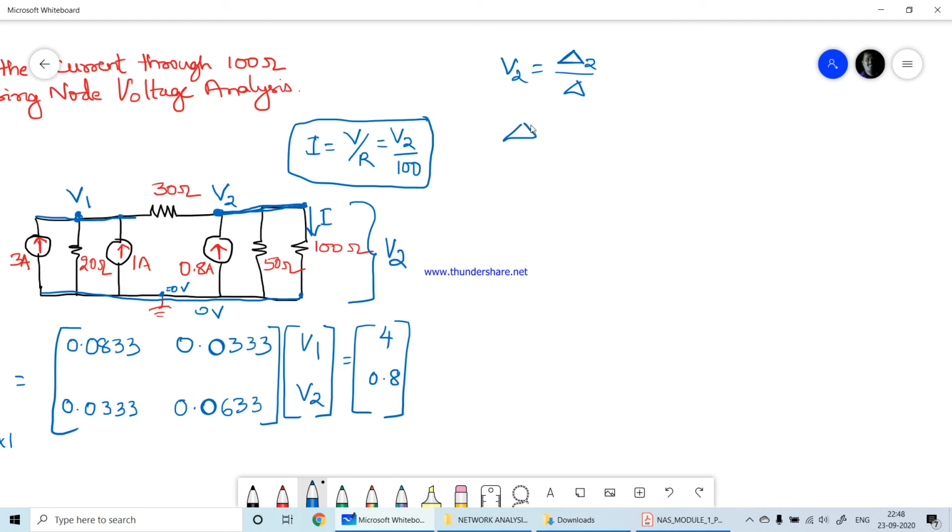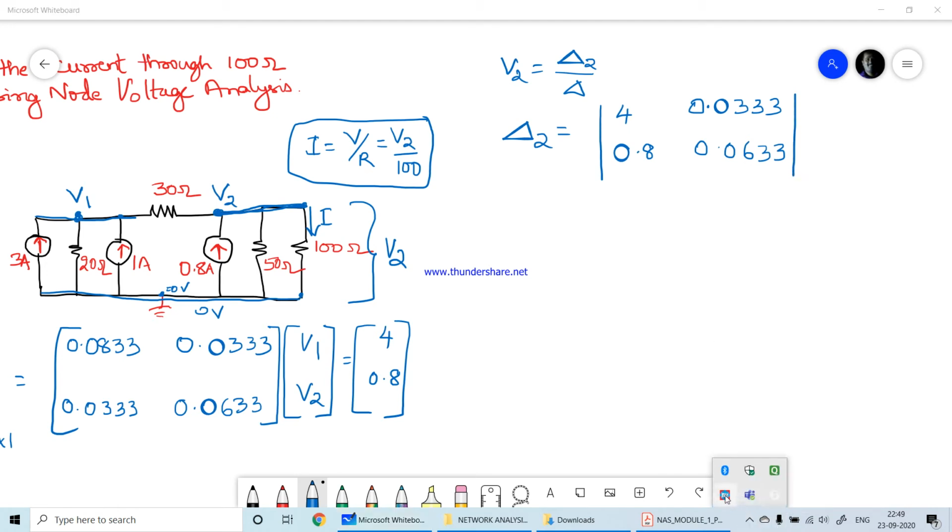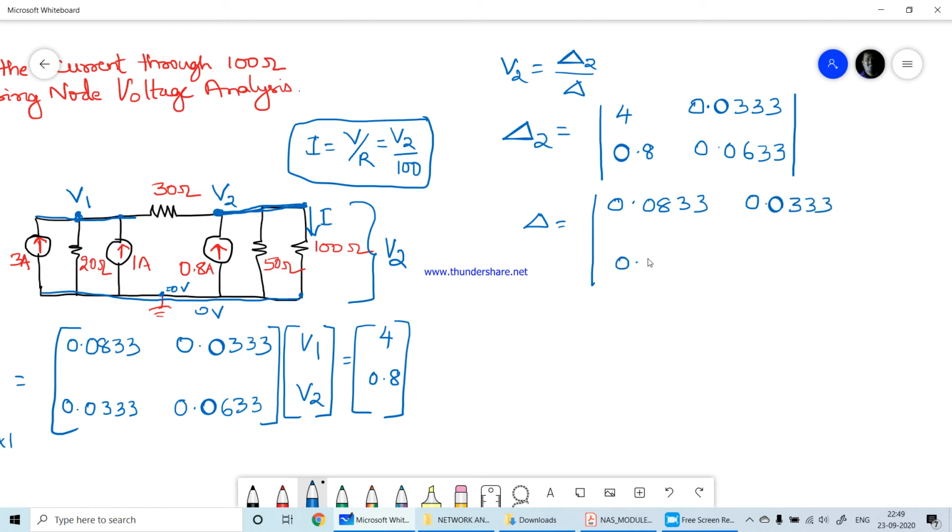Delta 2 is the determinant where the second column takes the position of the current values, so I get 4, 0.8, 0.0333, and 0.0633. Delta is the determinant of 0.0833, 0.0333, 0.0333, and 0.0633.